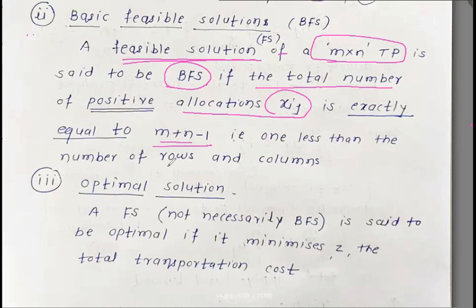That is, 1 less than the number of rows and columns. M means the number of rows, N means the number of columns.